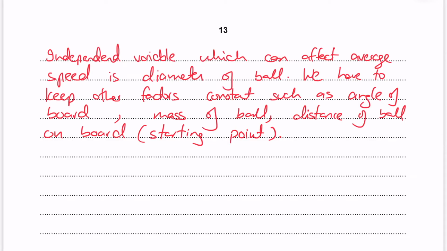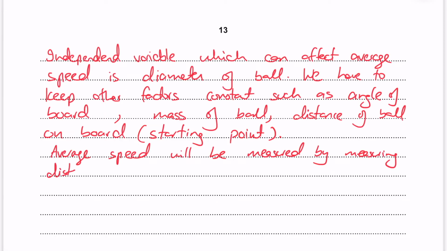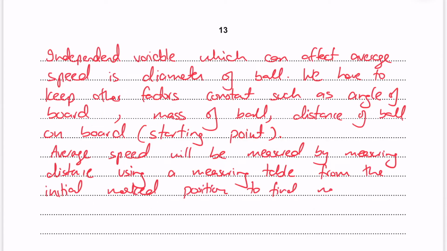So now we have to know how we measure the average speed. Average speed will be measured by measuring distance using a measuring tape from the initial marked position to the final marked position.